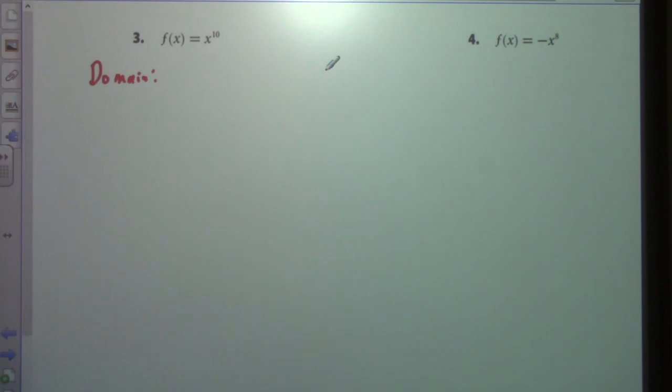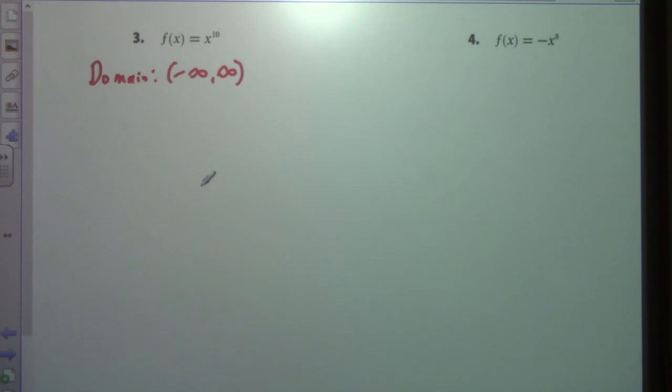Is it positive infinity, negative infinity? Oh, it's going to be negative infinity, positive infinity. Mr. G, why is it like that if this one is different than the other? Because this one's an even one. Okay, the domain of this and all polynomial functions is all real numbers. What's our range going to be? 0 to infinity. Thank you, Chelsea.